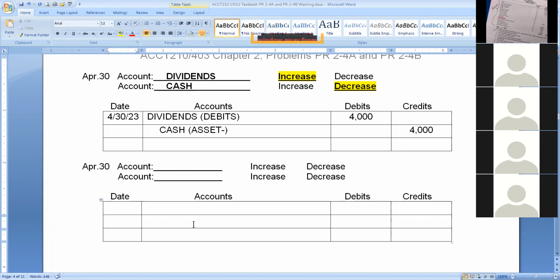Okay. So for May and June. Well, it's not May or June yet. So here's the thing. They paid this ahead of time. So they gave us their cash.